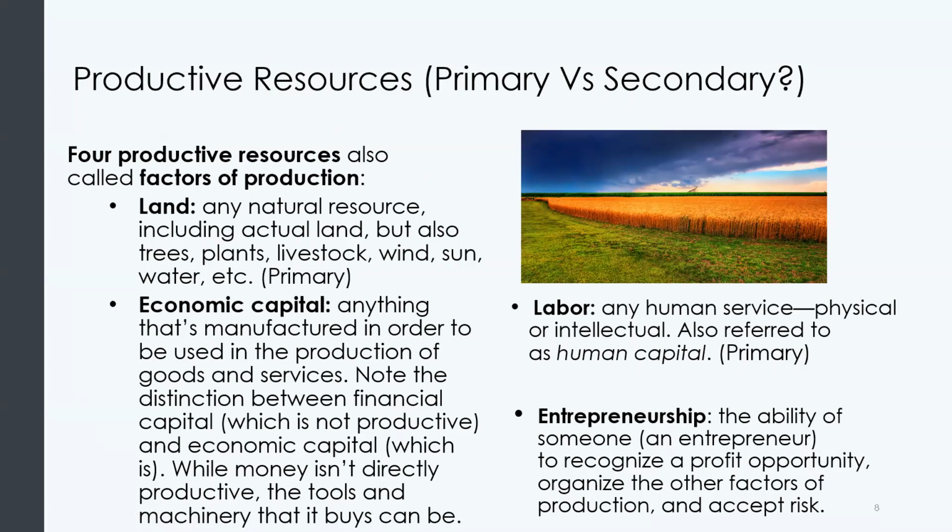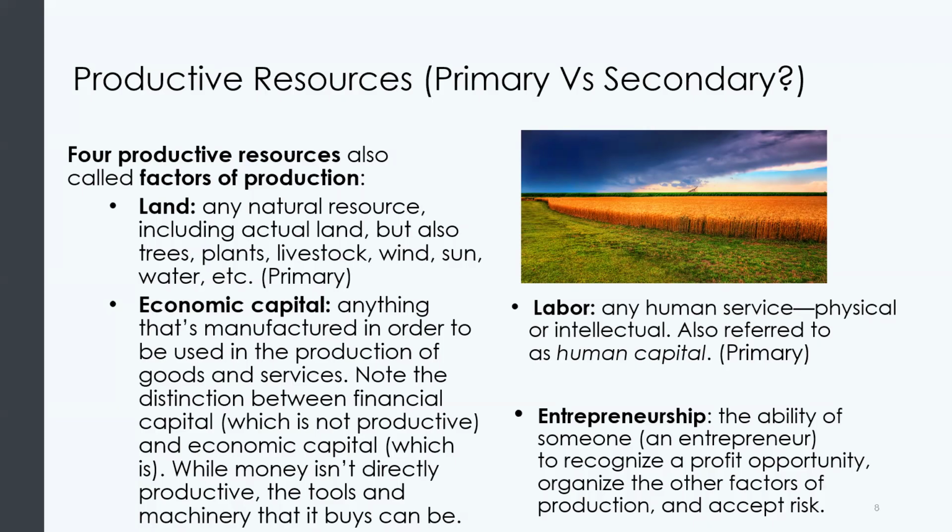The first resource is called natural resources. Some textbooks will say land, some textbooks will say natural resources. This basically means the actual physical land where we have our buildings, where we do our farming. It also means the water, the lakes, the rivers, the oceans.